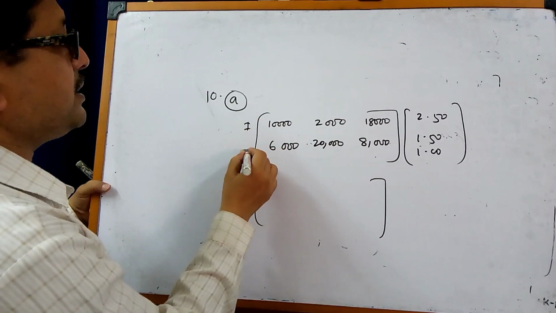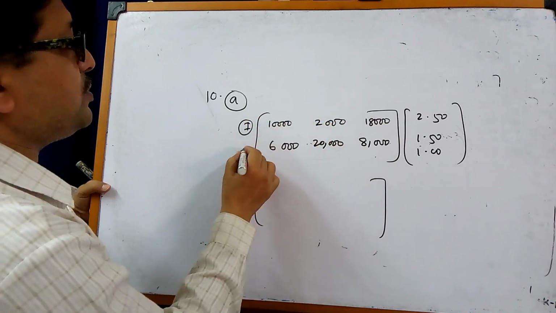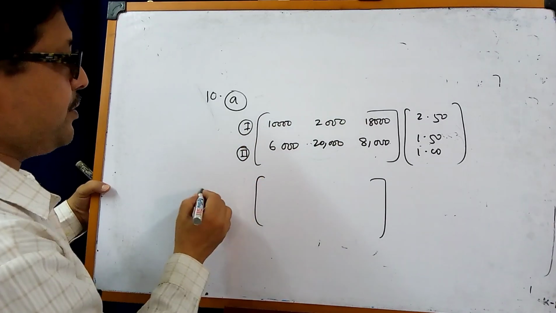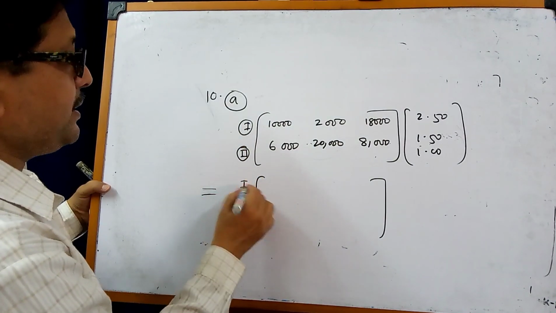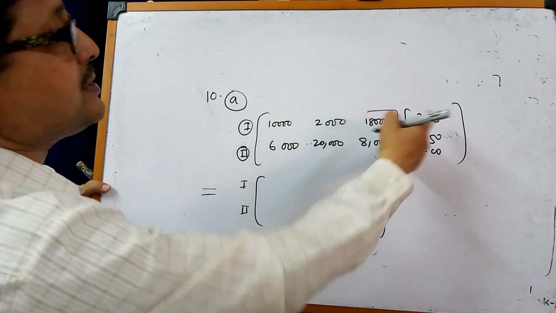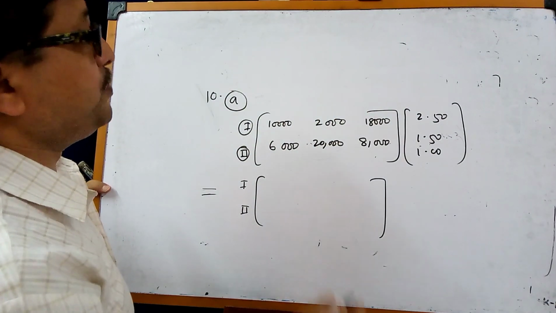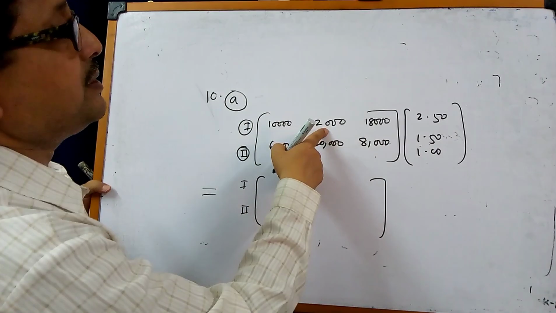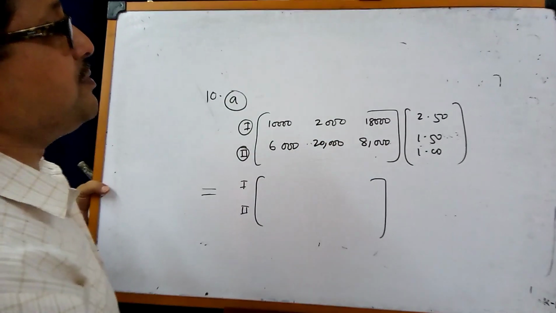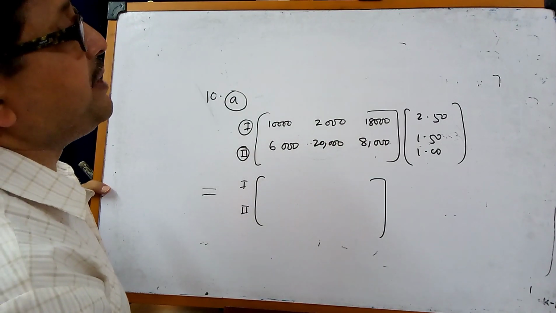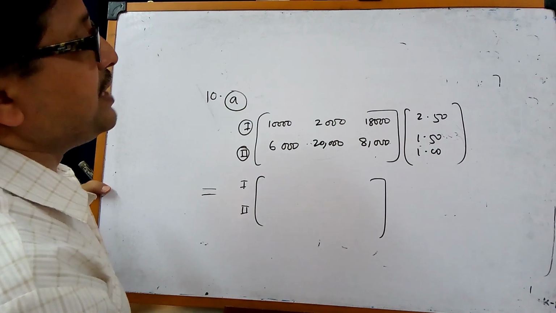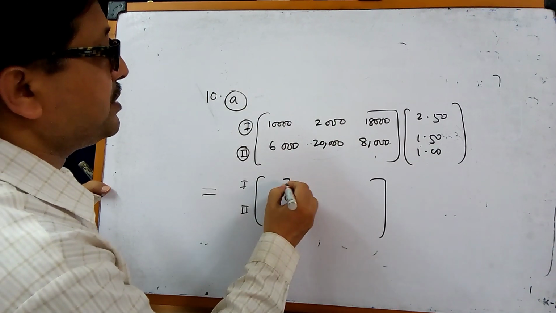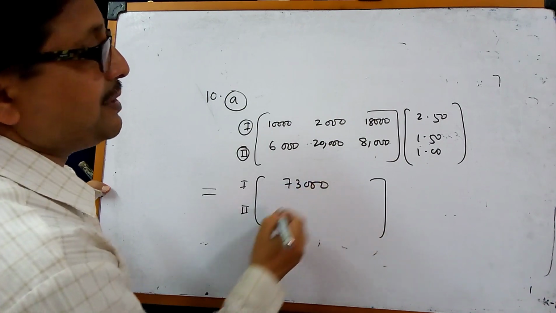If we multiply, this will give us the first row for 1. This is number 2. For 1 you will get this row, for 2 you will get the second row. If we multiply, then the first element comes like this: 10,000 and 2.5, 25,000, plus 30,000, 55, plus 18, 73,000. You understand?